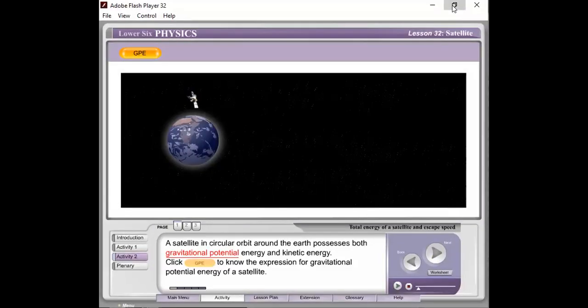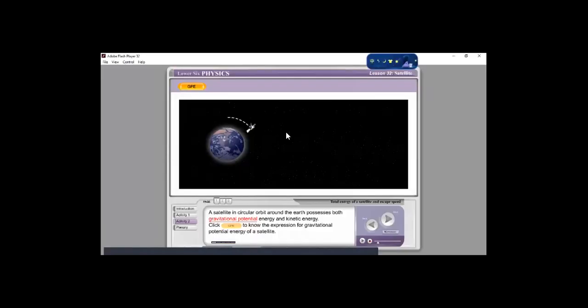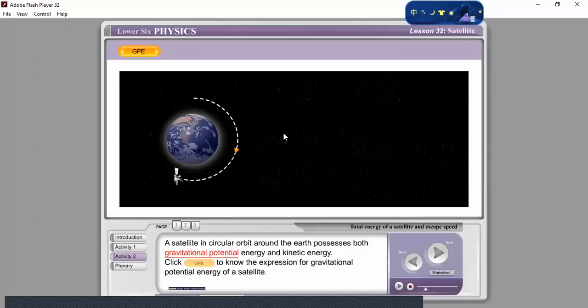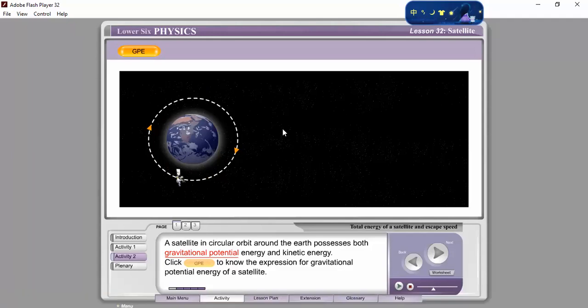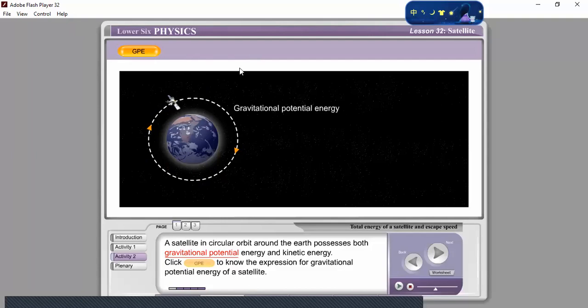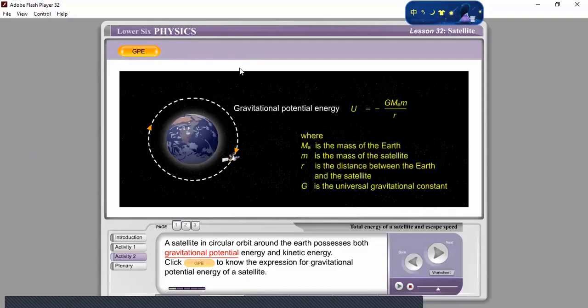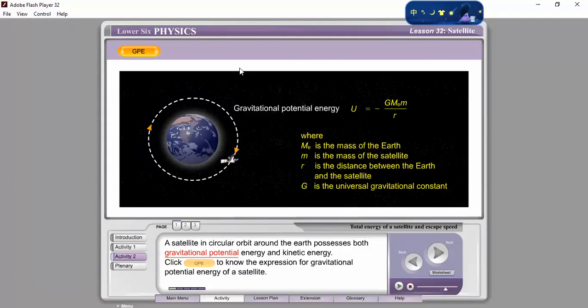A satellite in circular orbit around the Earth possesses both gravitational potential energy and kinetic energy. Click GPE to know the expression for gravitational potential energy of a satellite. Gravitational potential energy U equals negative G M_E m over R, where M_E is the mass of the Earth, m is the mass of the satellite, R is the distance between the Earth and the satellite, and G is the universal gravitational constant.